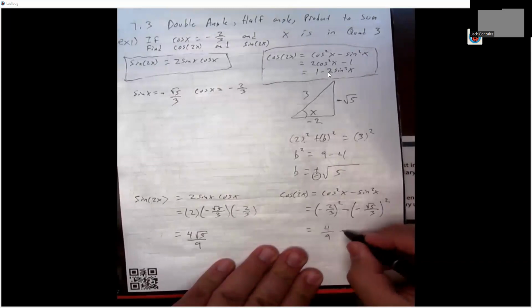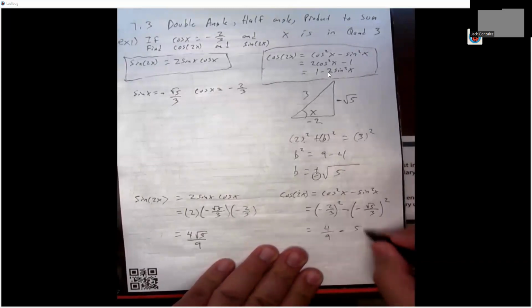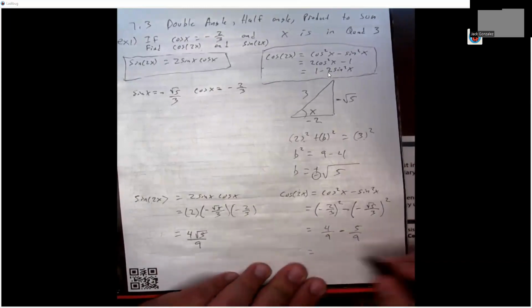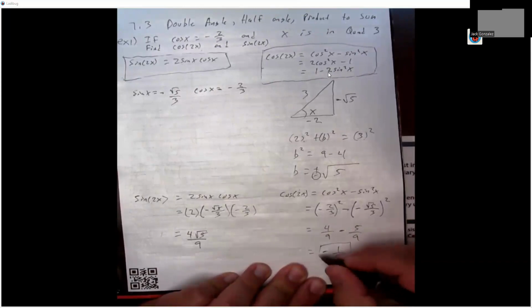And this will give us a 5/9. You'll square the square root and the 3. 4 minus 5 is a negative 1/9. So there are the two answers they wanted.